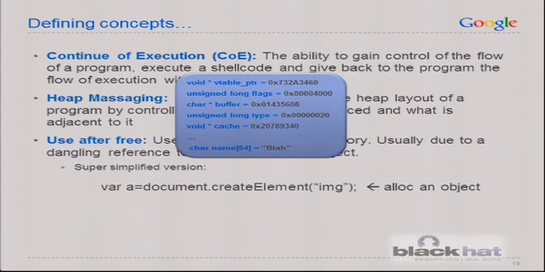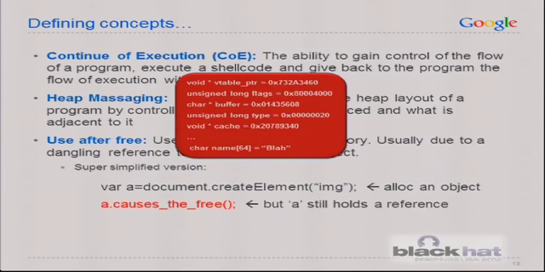So this is when we execute this JavaScript code, document create element image tag. Again, this is super simplified. The blue square is the memory that contains that object. If we later, by using a vulnerability, cause the free of this memory chunk, but the variable A still has a reference to this memory chunk, we basically trigger the free of the vulnerability.